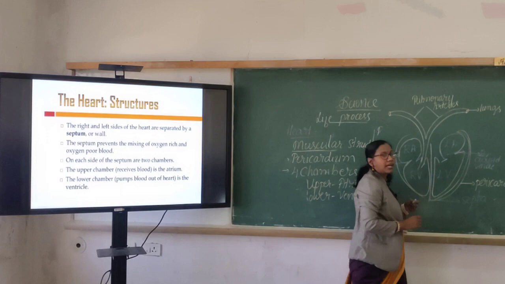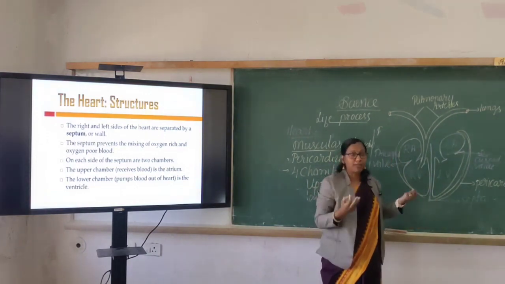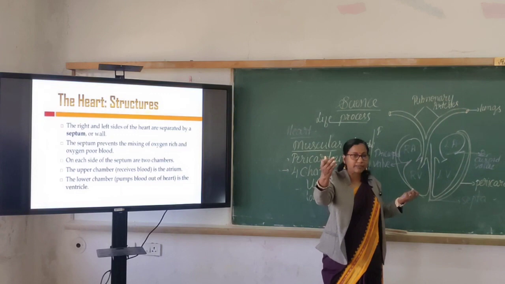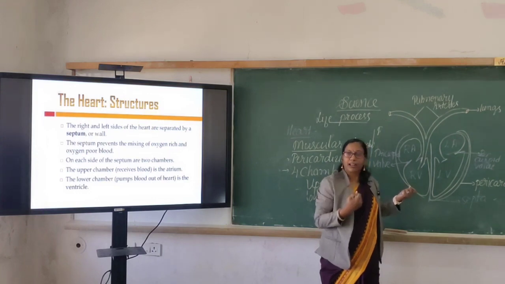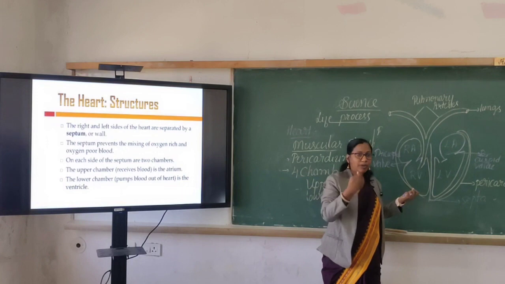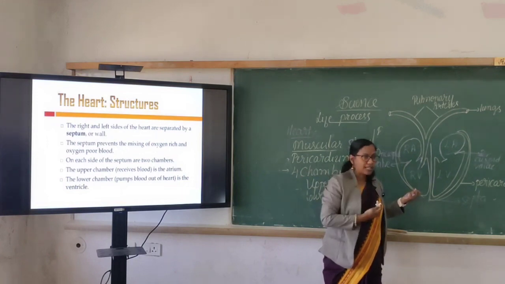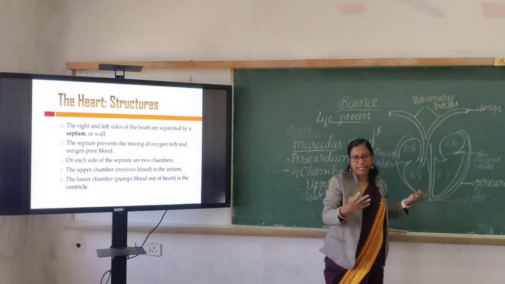So what happens after this? What happens to the blood? The blood gives carbon dioxide and takes oxygen from the lungs, correct? Because we inhale oxygen. When we breathe in, we take oxygen, and we exhale carbon dioxide.